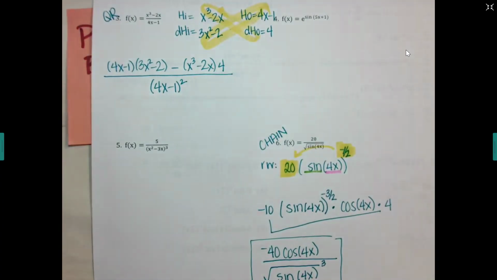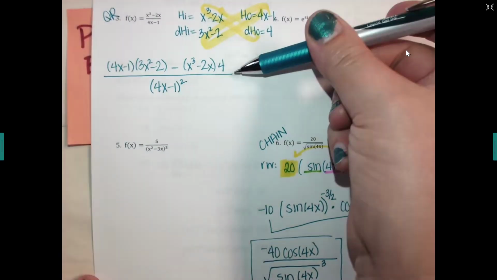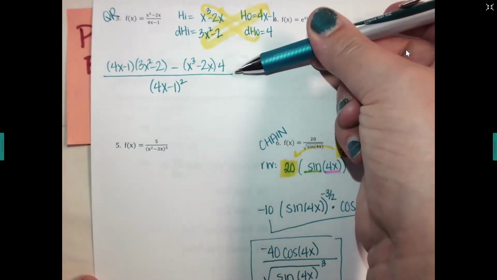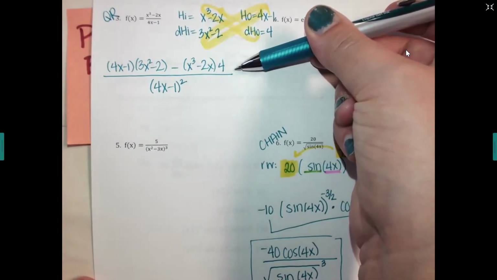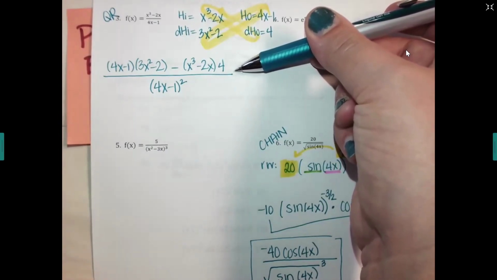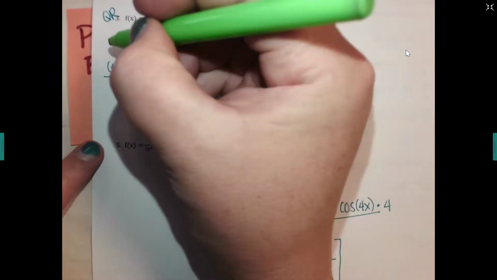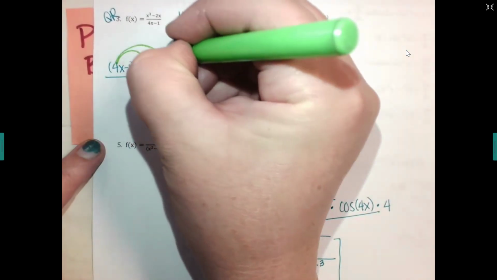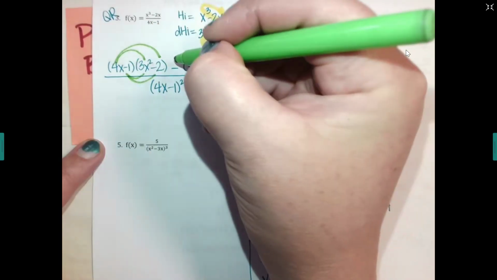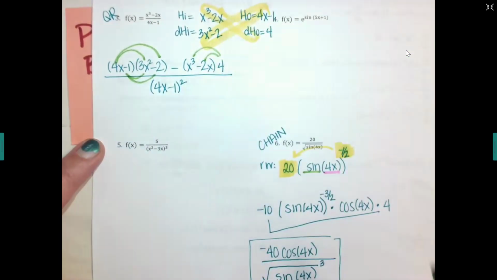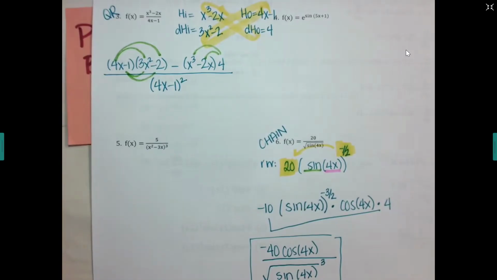It's next time. All right, now for your test, most of the derivatives are multiple choice. So what that means is this answer is correct. But remember on Delta Math, you're going to have to simplify it so that you can pick the right answer. So the plan is you're going to times this part out, you're going to times this part out, and then you're going to have to combine like terms on the top.